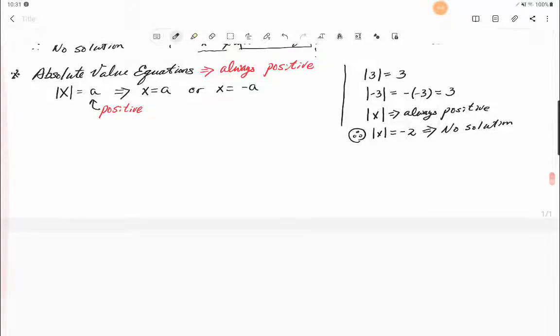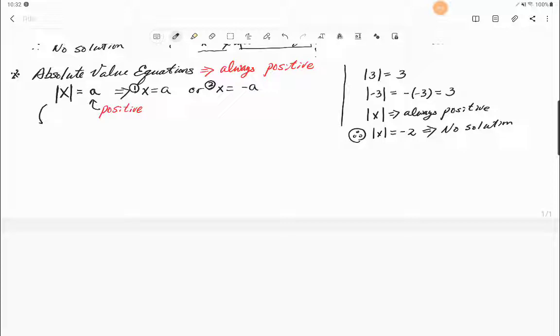So whenever we have absolute value of something, this is absolute value symbol, is positive number. Okay, let's say a is a positive number, because if a is negative number, then there's no solution, right? So let's say a is positive, then we can write two equations like this: x equals a and x equals negative a. Always it generates two equations. Actually, look at this.